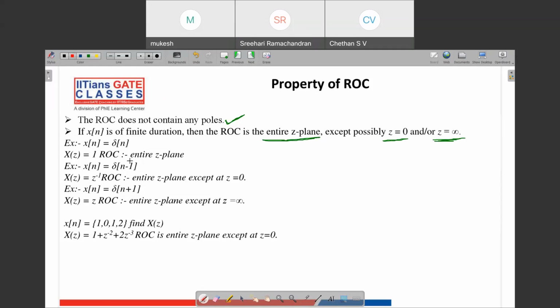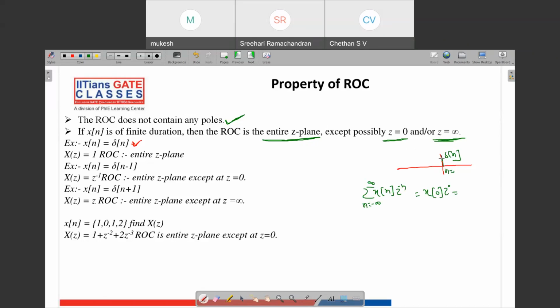Let's say we have a signal x[n] equal to delta[n]. This is an impulse. If you plot it, this is how it is going to look: just a one value at n equal to 0. Now if you take the Z transform of this signal, the Z transform formula is a sum from n equal to minus infinity to infinity. This signal exists only at n equal to 0, so you put just n equal to 0, and it will be x[0] z to the power 0.